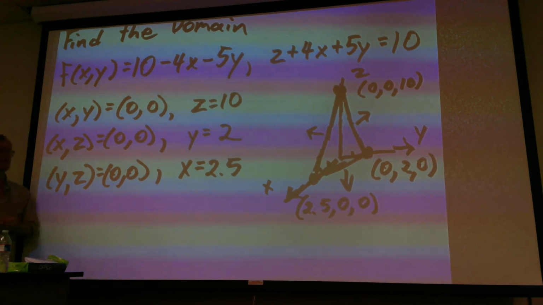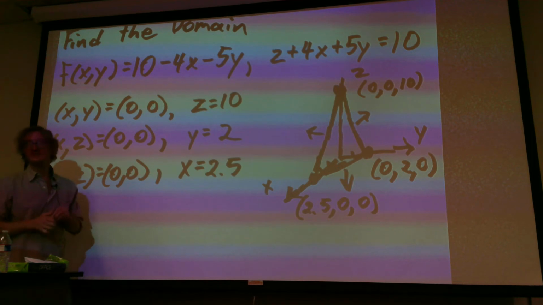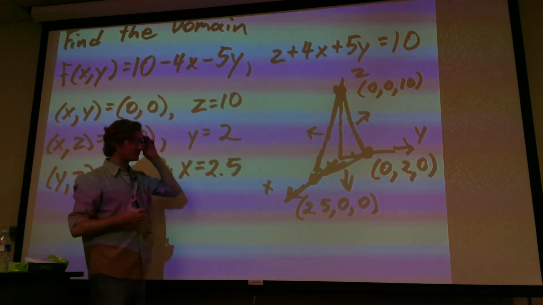So it would be the plane corresponding to those points, but then extending outwards even further. Okay.